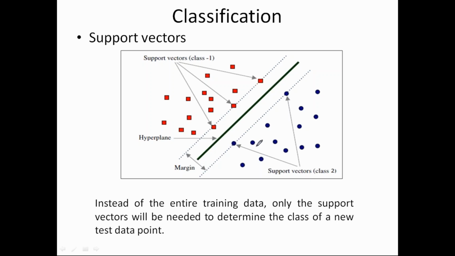Maybe your data is not linear. Maybe your data has non-linearity and maybe a curve is required. But that curve, SVM tackles in a very tricky way. It's called the kernel trick.